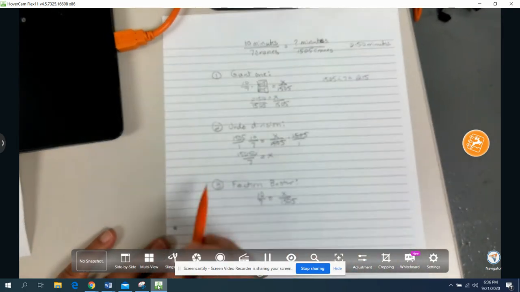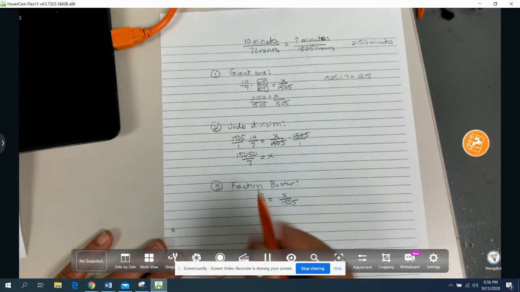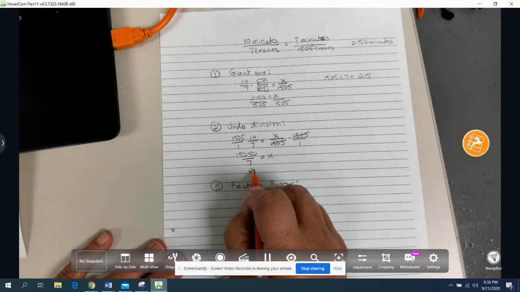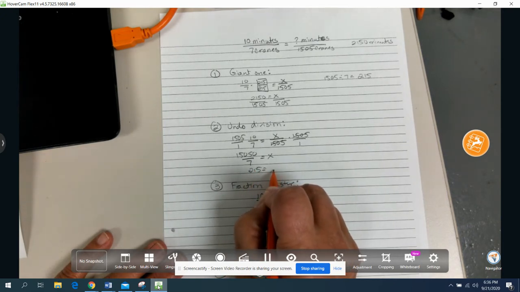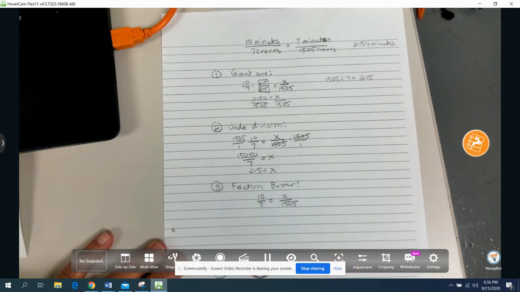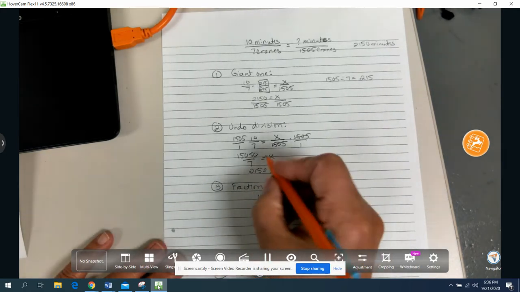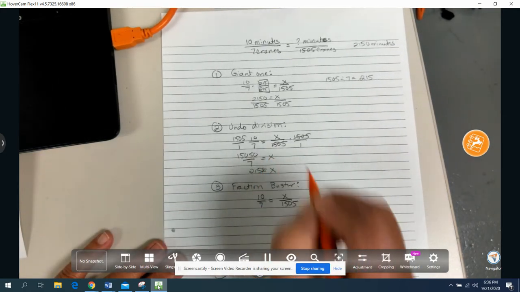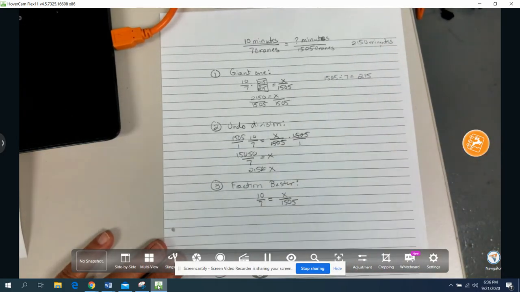So this is going to be equal to x. And when I divide these two, this is equal to 215 is equal to x. I'm sorry, 2,150, which is what our answer is.